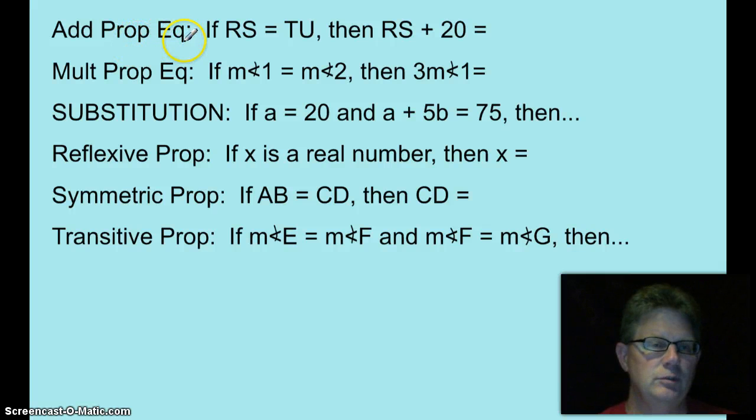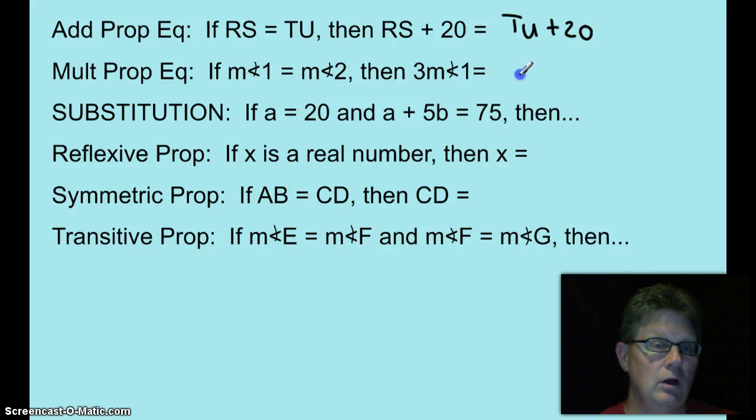Okay? Addition property of equality. If RS equals TU, then RS plus 20. Well, what did you add to the left side? 20. You better add 20 to the right side: TU plus 20. Multiplication property of equality.